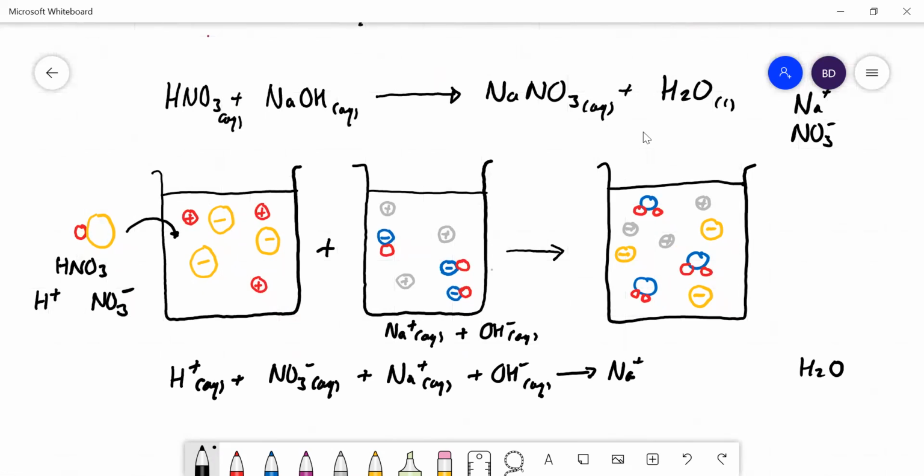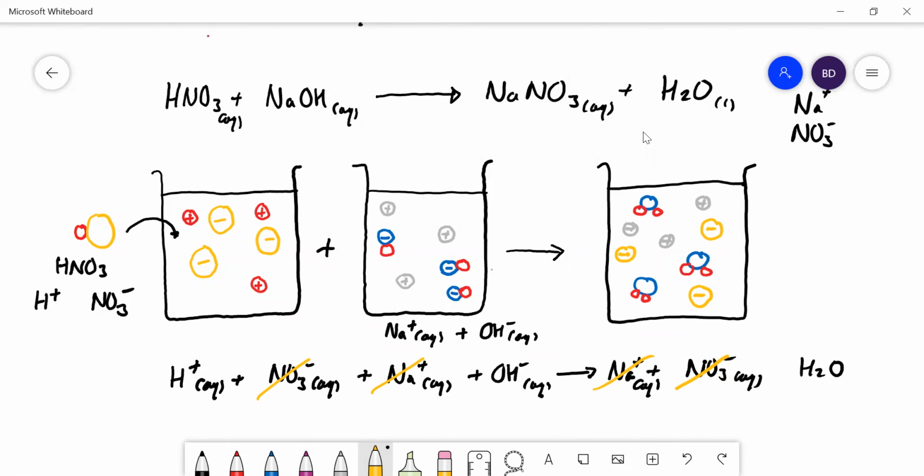The sodium ions don't change, the nitrate ions don't change. So if we look for the spectator ions there, what doesn't change on both sides, we get rid of the nitrate and the sodium. So once again, we've got H+ ions reacting with hydroxide ions to form H2O.